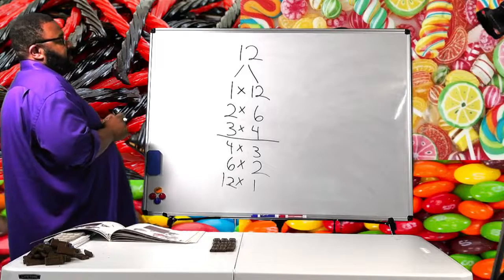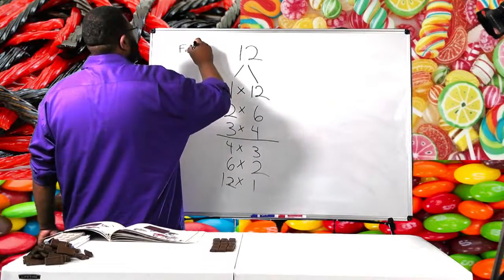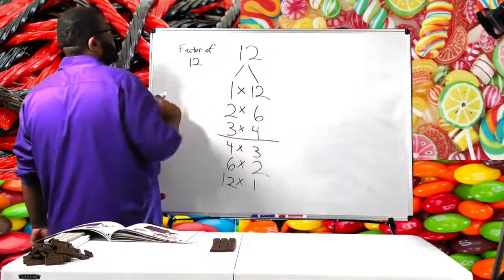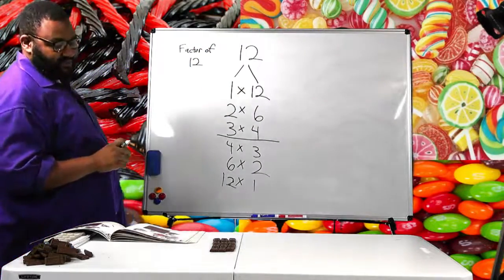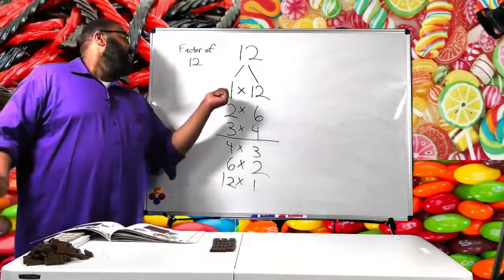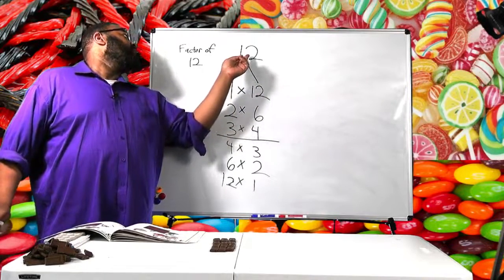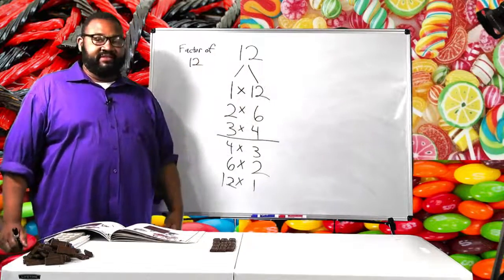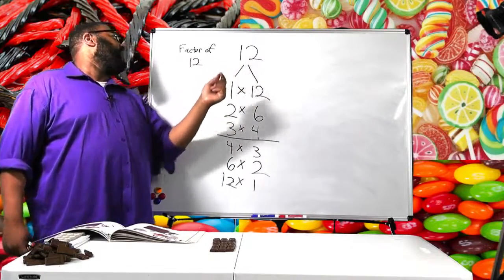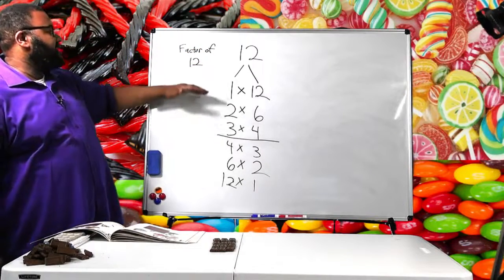Okay? And technically, these are the factors of 12. Because what do we say? Factor times a factor equals a multiple or product. So when we break it down like this, these are the factors.